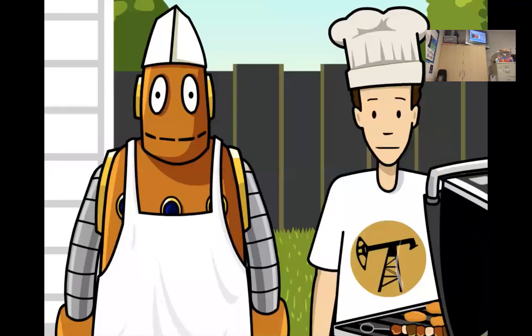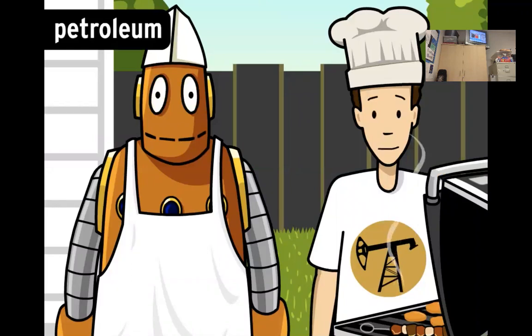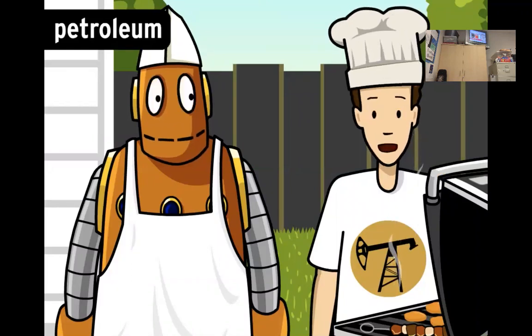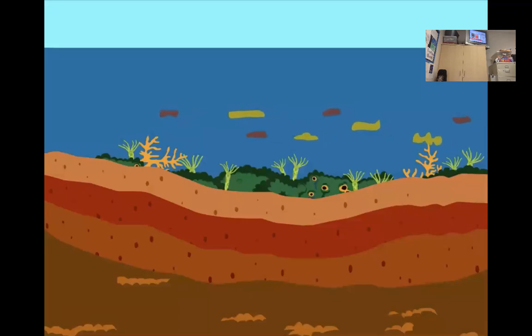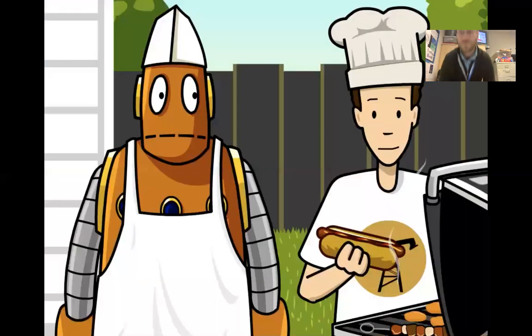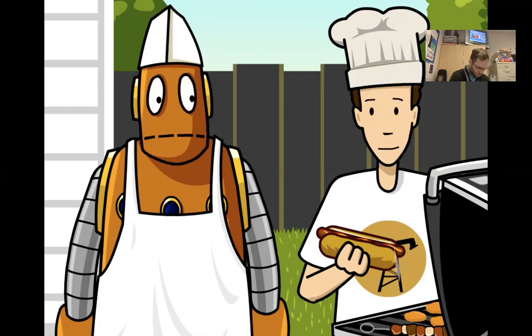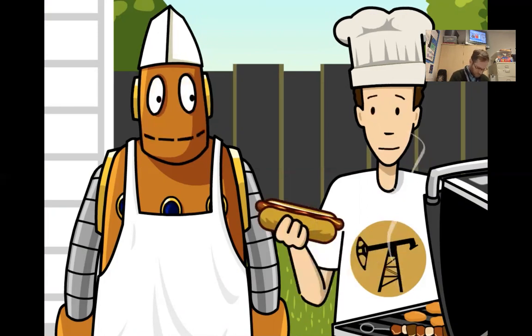Oil and natural gas are similar because they're both types of petroleum. Oil is the liquid form, natural gas is the gaseous form. Petroleum comes from the remains of marine microbes, plants, and animals from millions of years ago. That's right, Moby, dead plants and animals. Yeah, well, enjoy your hot dog.